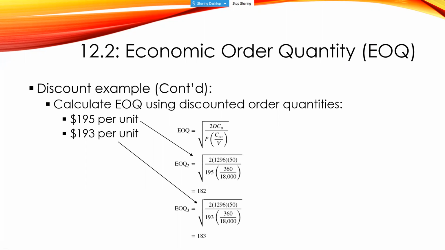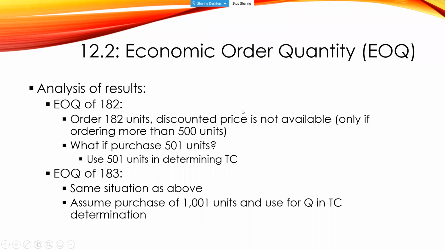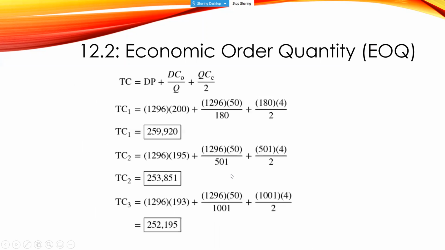So it could still be a better deal. So what we need to calculate is our total cost. Total cost of ordering at the economic order quantity for $200 per unit.